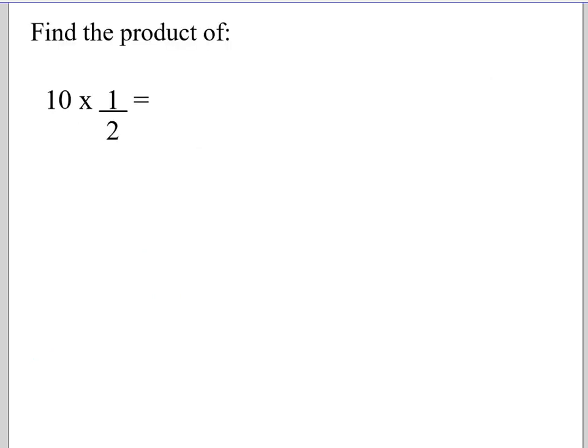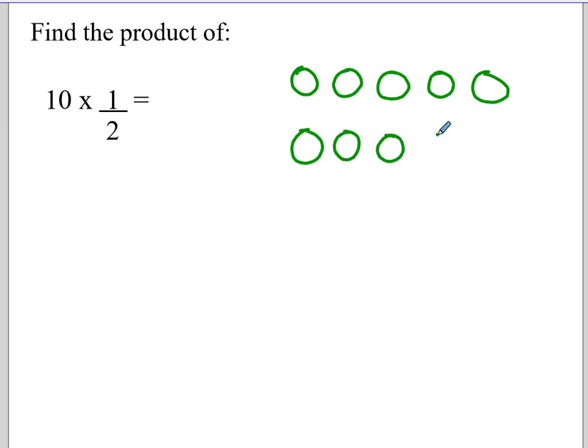So if we want to find the product of 10 times a half, we could draw a whole bunch of little circles and just color in half of them. This is one model you could do. You can always draw pictures, but you will start to notice that they get a little bit time consuming. And if we made this 100 times a half, we would be spending most of the time drawing.